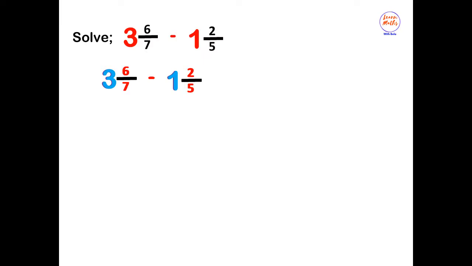So we have 3 minus 1 6 over 7 minus 2 over 5.